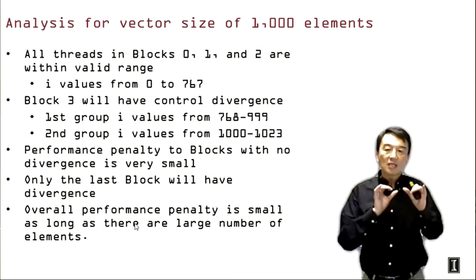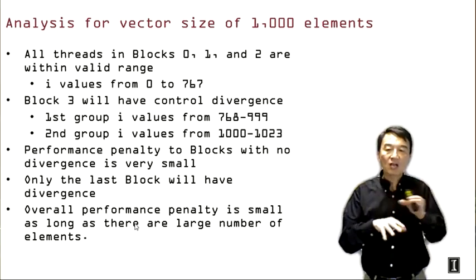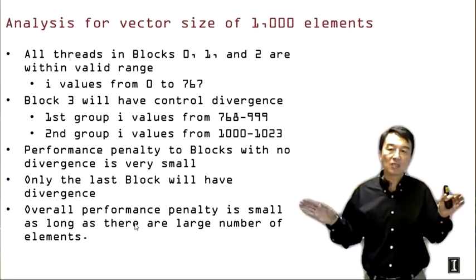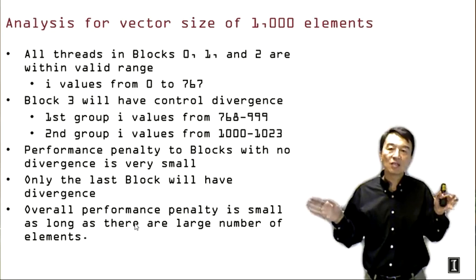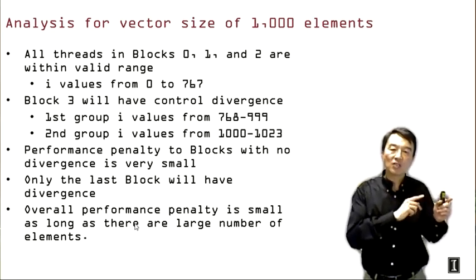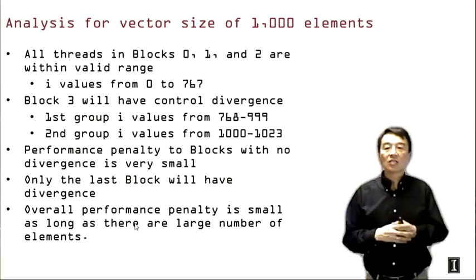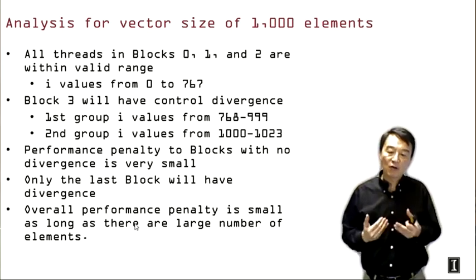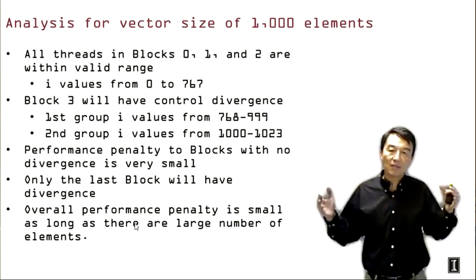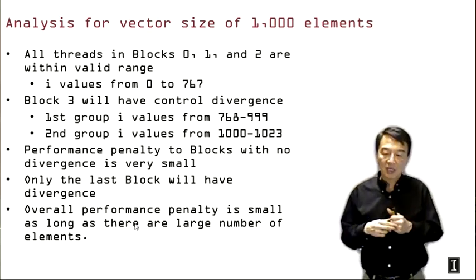So this means that only the last warp out of the numerous warps, in fact we have 32 of these warps, will actually experience control divergence and the execution of 2 passes. So this means that the performance penalty for the kernel is actually very minimal, because only a very small percentage of the execution will experience the effect.